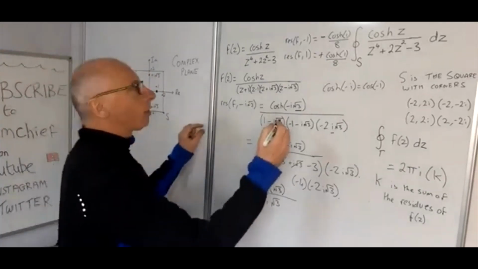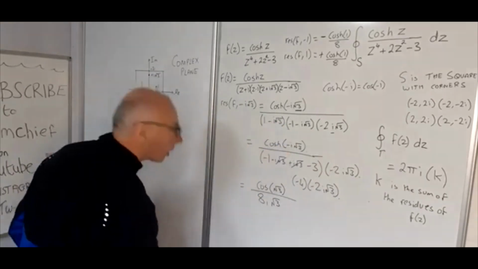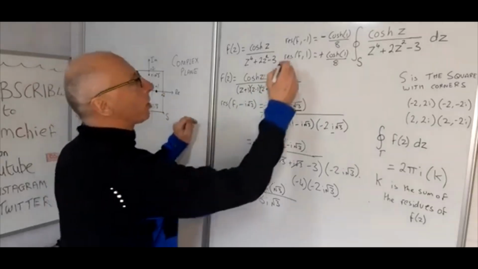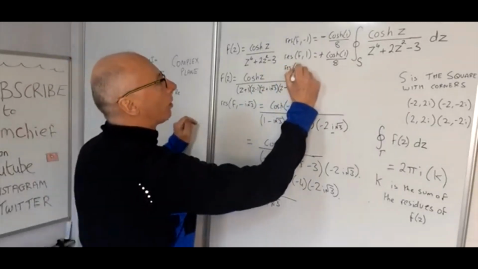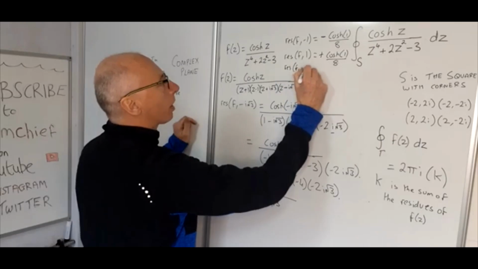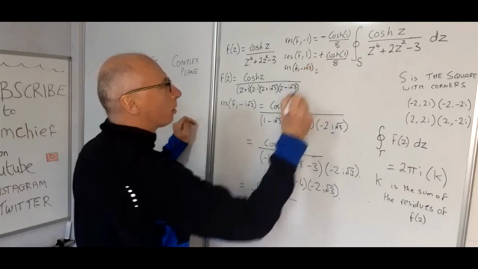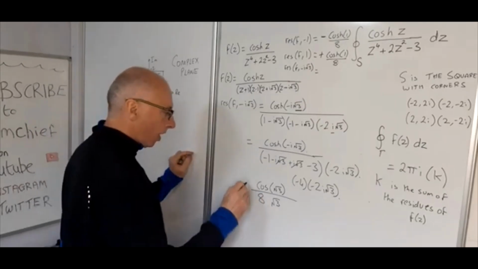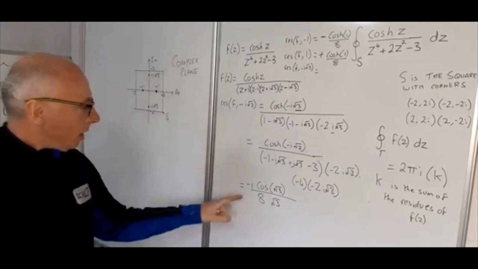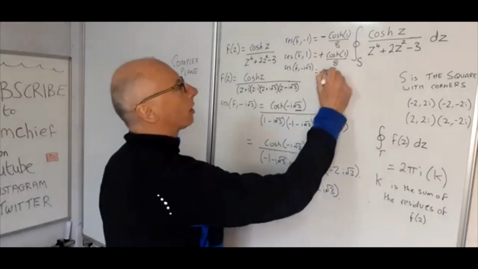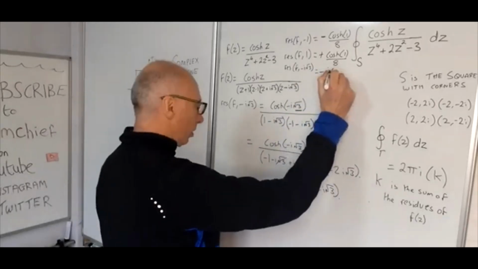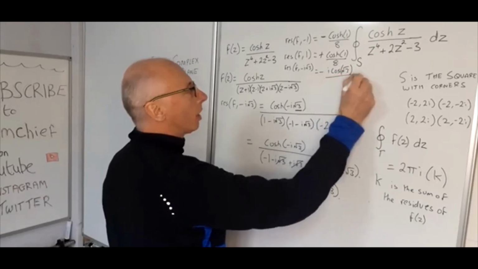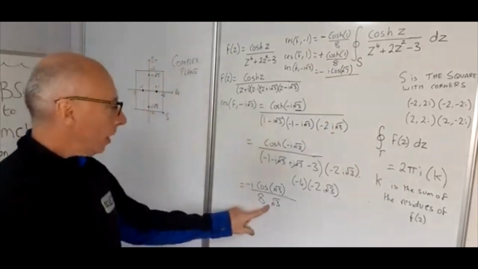So the residue of f at minus i root 3 equals, so the i I'm going to bring up to the top, and write that as minus i, cosine of square root of 3, and divided back by 8 root 3.